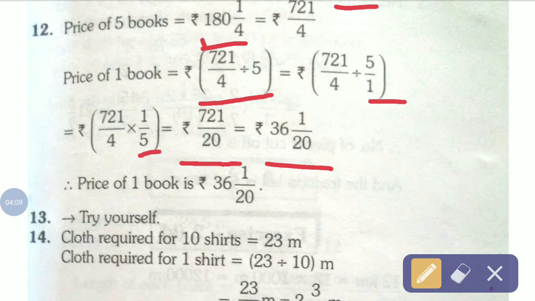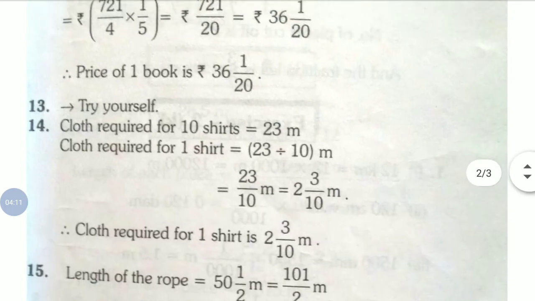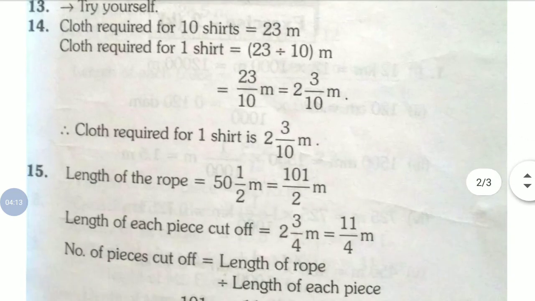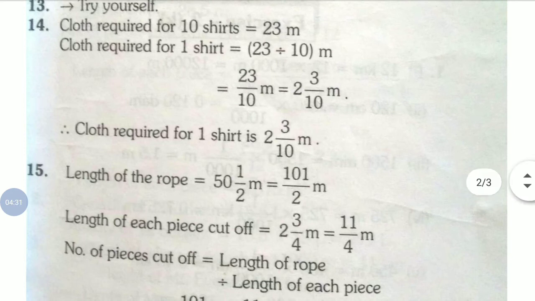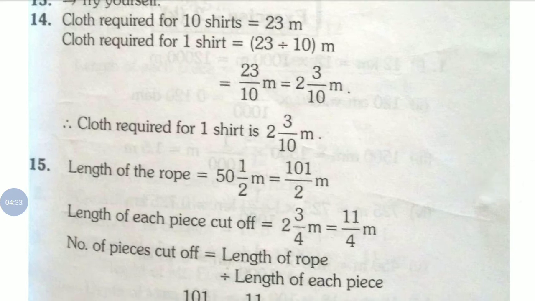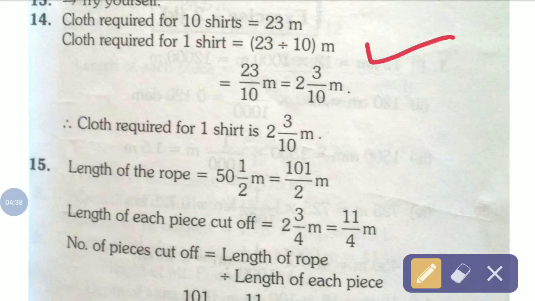Now I will explain the 14th example. In the 14th example, it is given that if 10 shirts of equal size can be prepared from 23 meter of cloth, what length of cloth is required for each shirt? Cloth required for 10 shirts is 23 meter, and cloth required for one shirt is 23 divided by 10, because we are finding for 1.